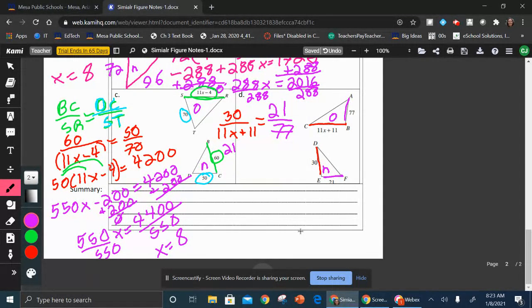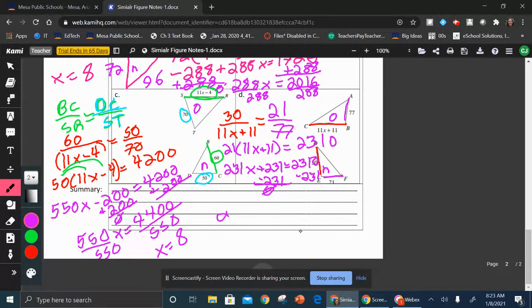So we're going to have 21 times 11x plus 11 is equal to 2,310. Okay, I'm going to distribute. It's 231x plus 231 is equal to 2,310. I'm going to subtract the 231 from each side.